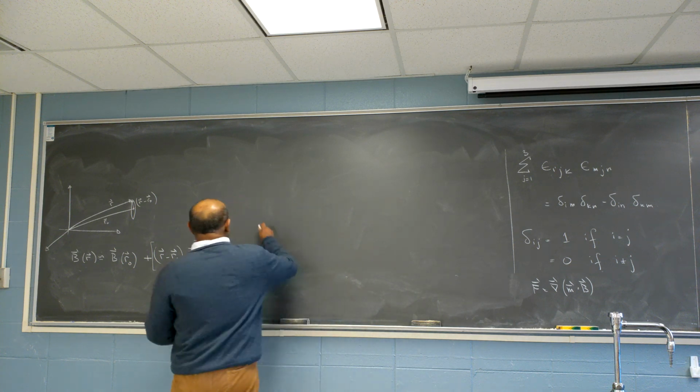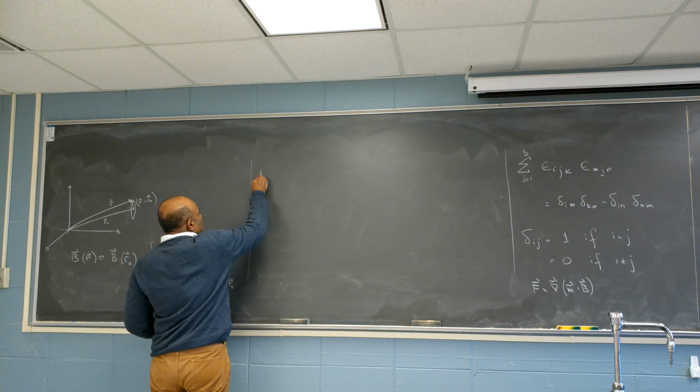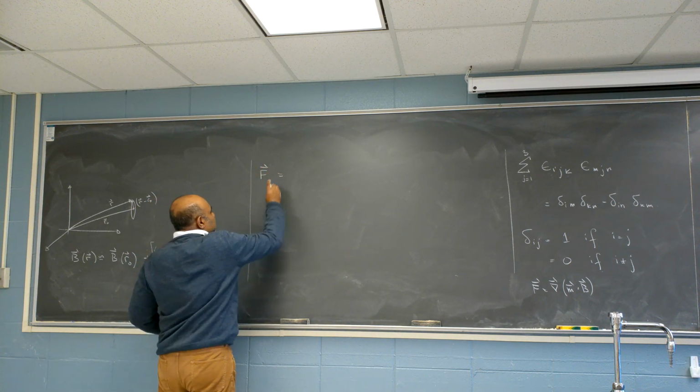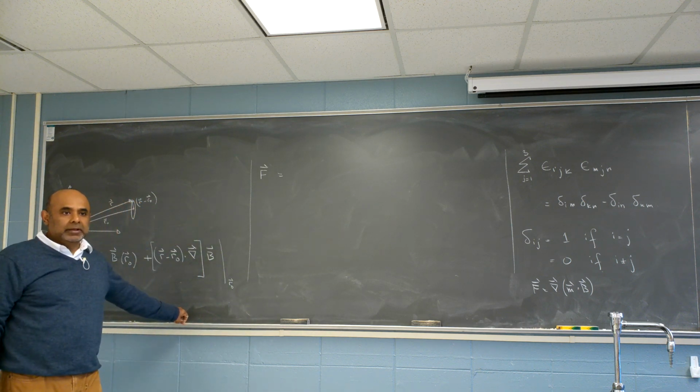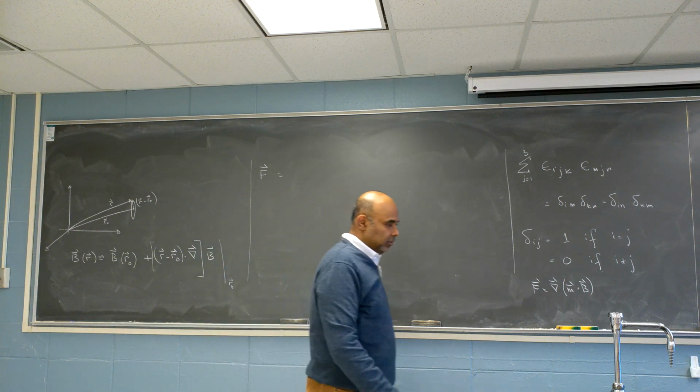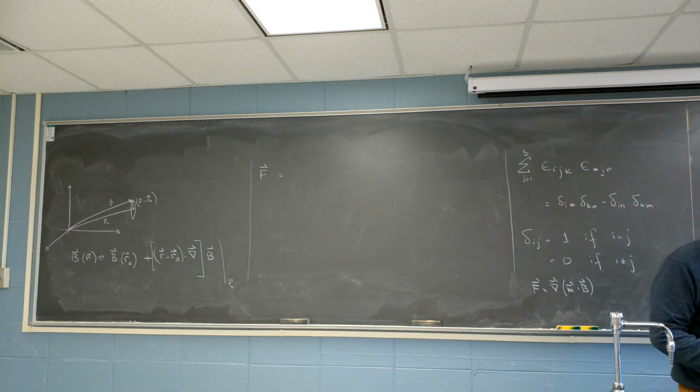So let me at least write the expression. What is F? It's I dL cross B, right? Make sure I'm not starting wrongly.